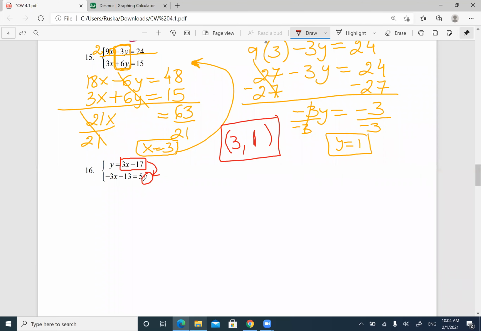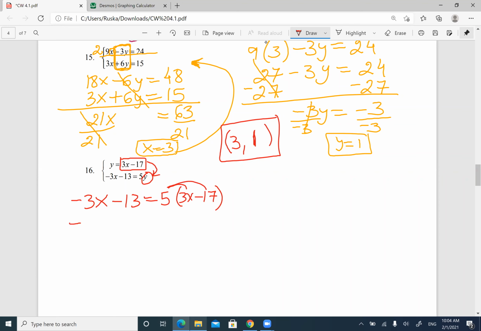So when you do that, I'm going to copy the second equation, negative 3x minus 13 equals 5 times, I'm going to plug in for the y. The y is going to be 3x minus 17. And then you have an equation with only x's. So you're going to distribute here and solve for x.